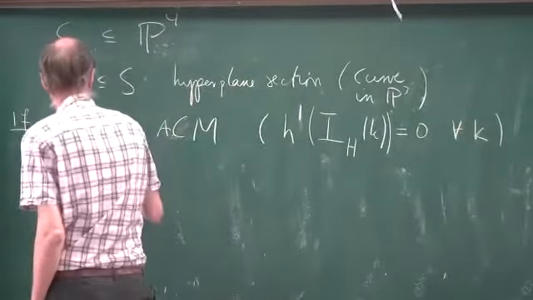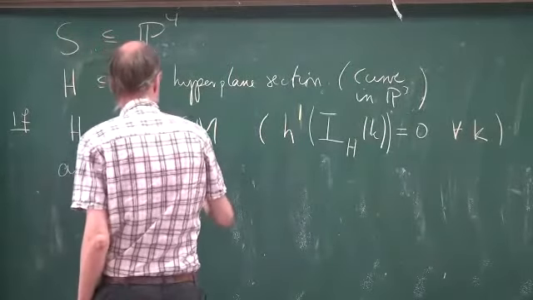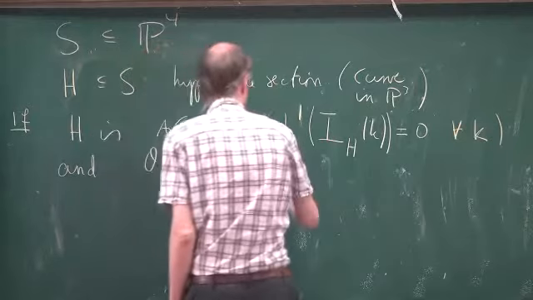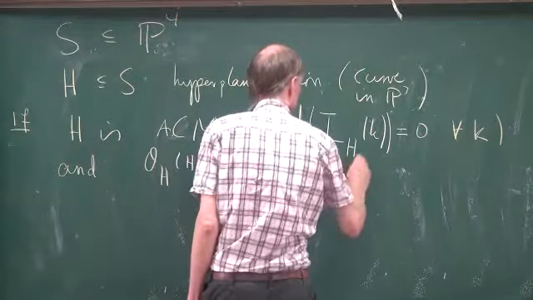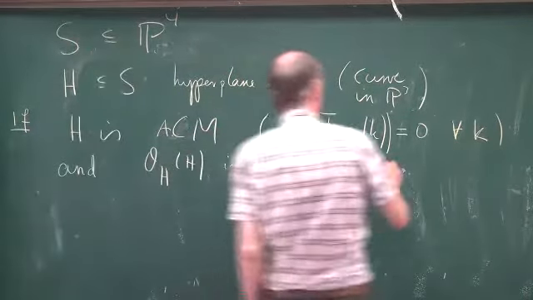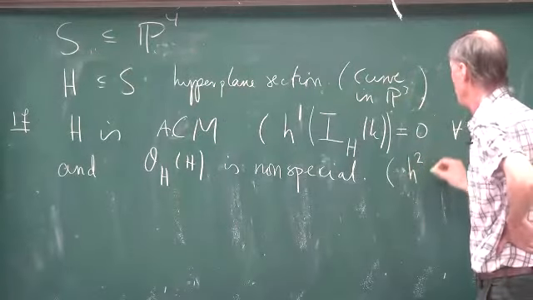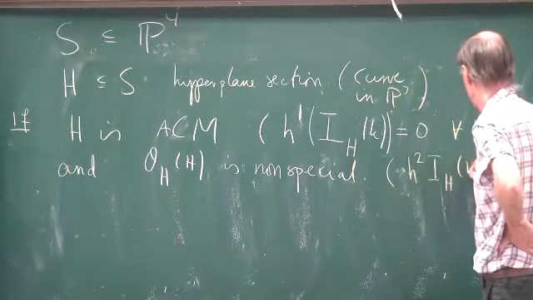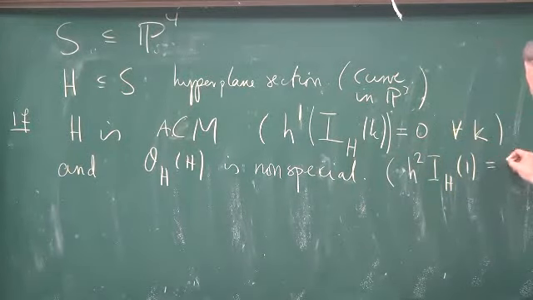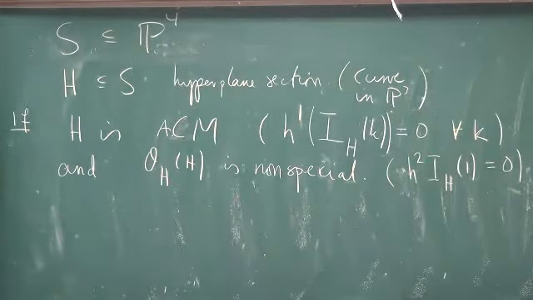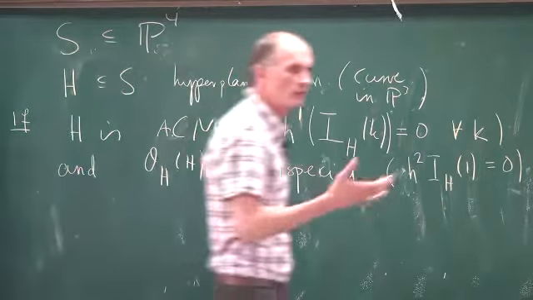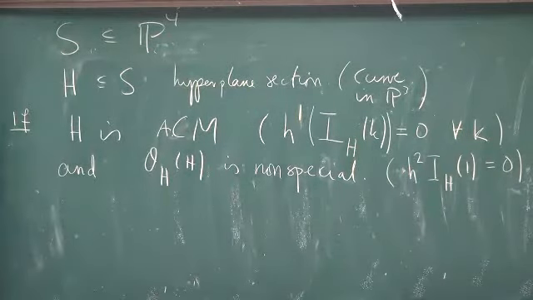And O_H of H is non-special. That really means that H^2 of the ideal sheaf of H twisted by 1 is equal to 0. If you think about non-special, this is a non-special divisor on this curve, which means that this divisor has no H^1.